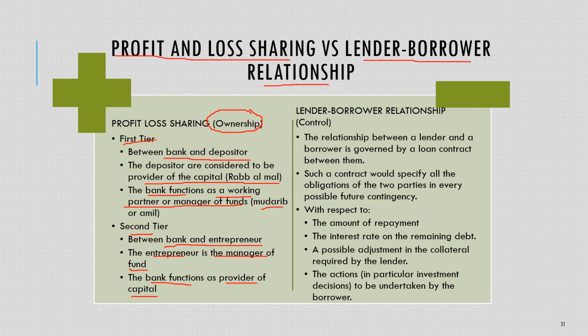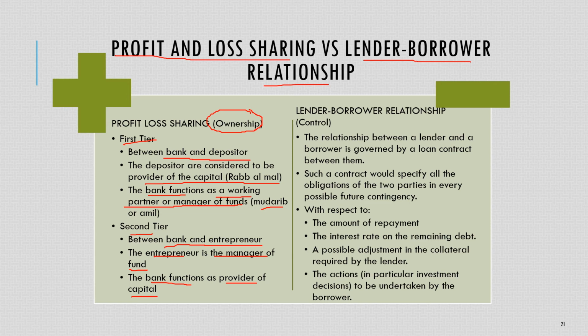Tapi kalau bank function is work as a partner atau manager of fund, orang yang kendalikan the capital. So kalau second tier, bank and entrepreneur is a manager of fund. Kenapa? Sebab bank yang provide the capital to the entrepreneur. Sebab tu kita call as the manager of fund is entrepreneur.